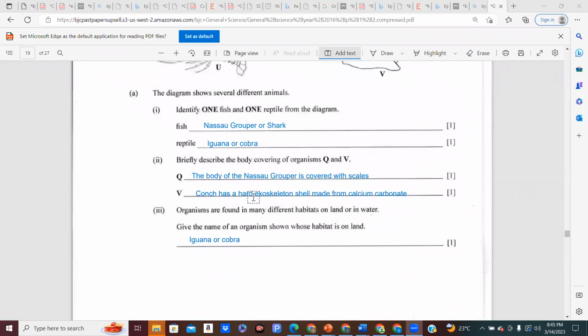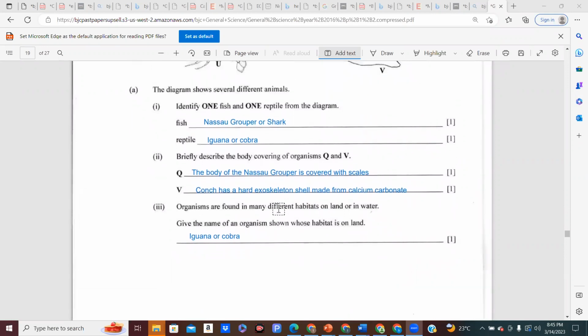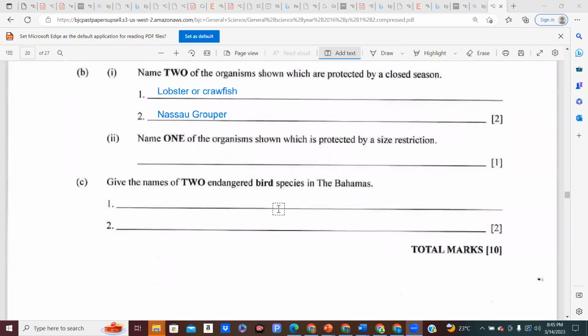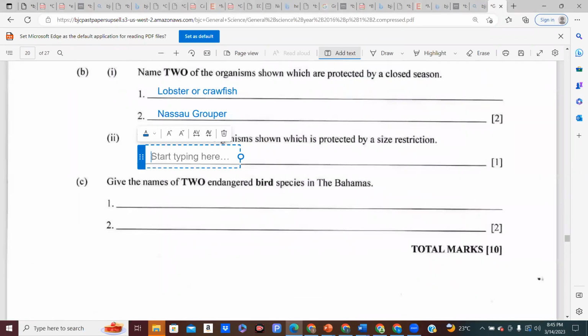Miguel, did you write this down? No, I took a screenshot of it. I'm writing it down now. Okay, good. Make sure you take a picture of it and send it to me, okay? Tonight. Do you understand that? Yes, sir. So the conch, the lobster, the Nassau grouper, all of them have a size restriction.